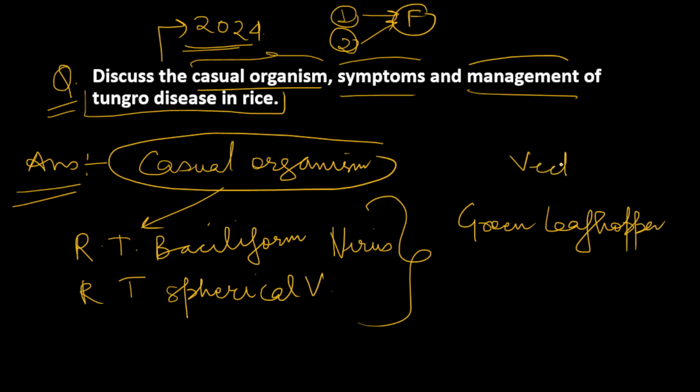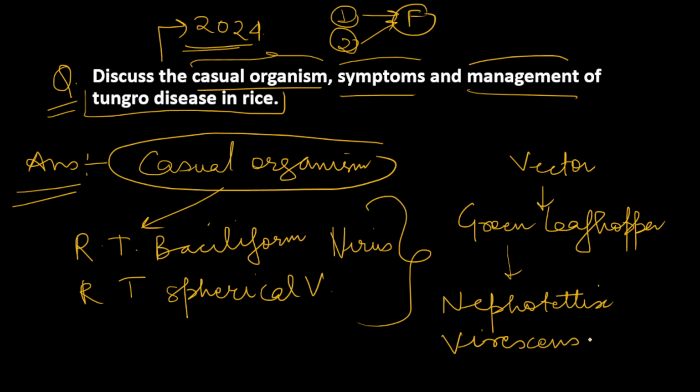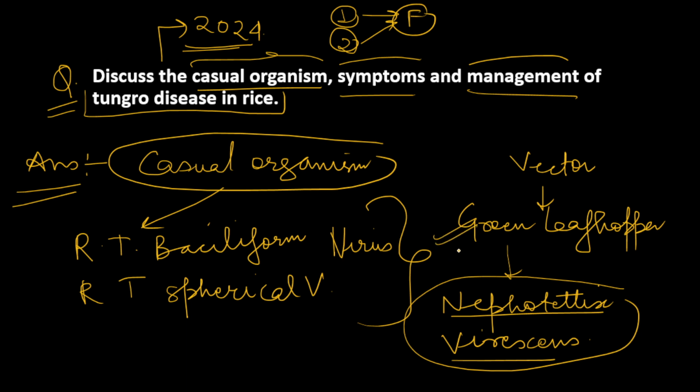It is the vector of these Tungro viruses. The scientific name of this species of green leafhopper is Nephotettix virescens. Although remembering these names is difficult, still remember that a distinct species of green leafhopper is what spreads the Tungro viruses, because it is the vector of these viruses.